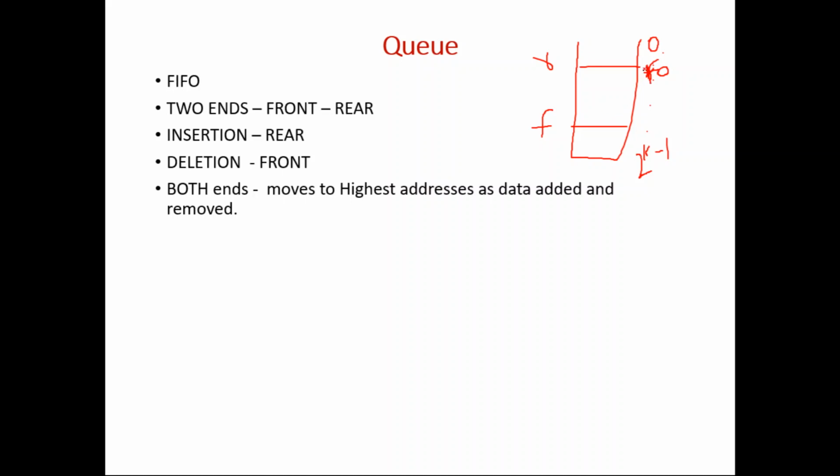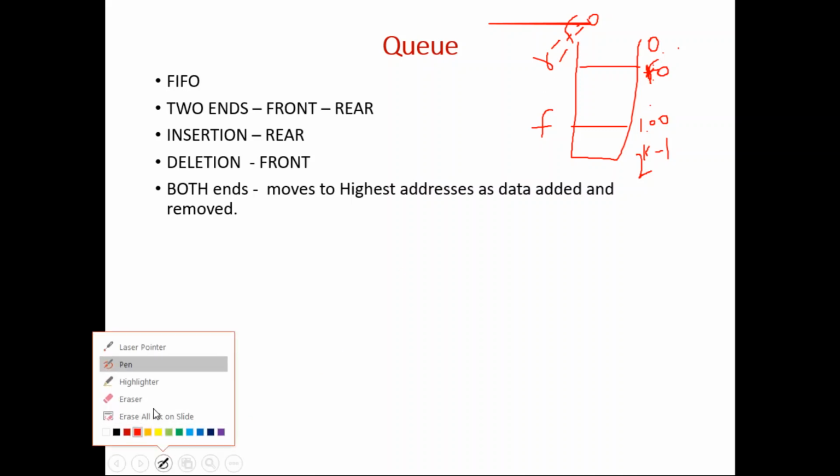It can hold a maximum of 90 values, from 10 to 100. So this is address 10 and this is address 100. When you start, rear is also 10 and front is also 10.